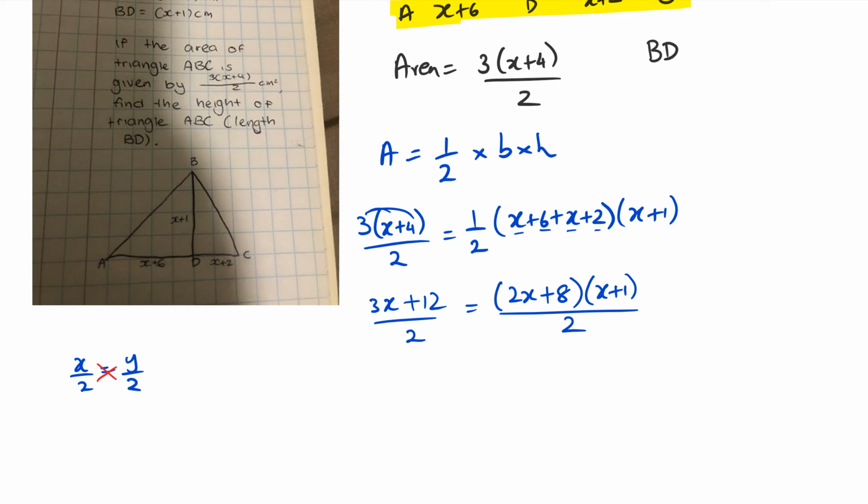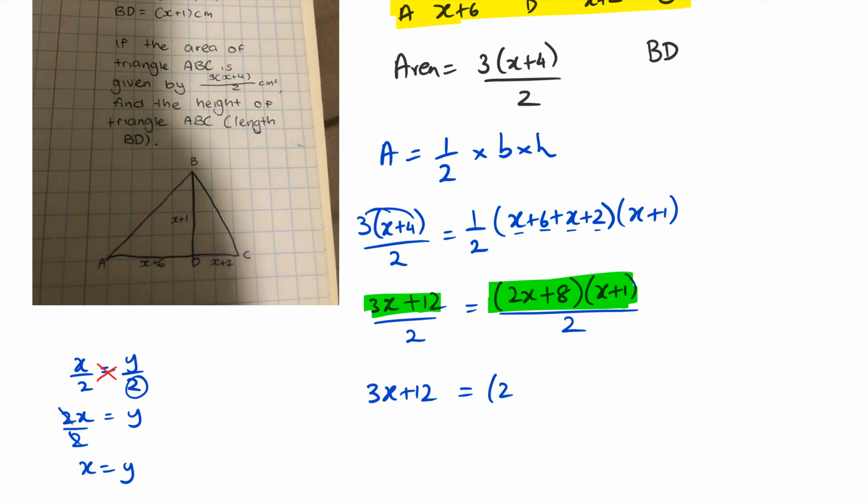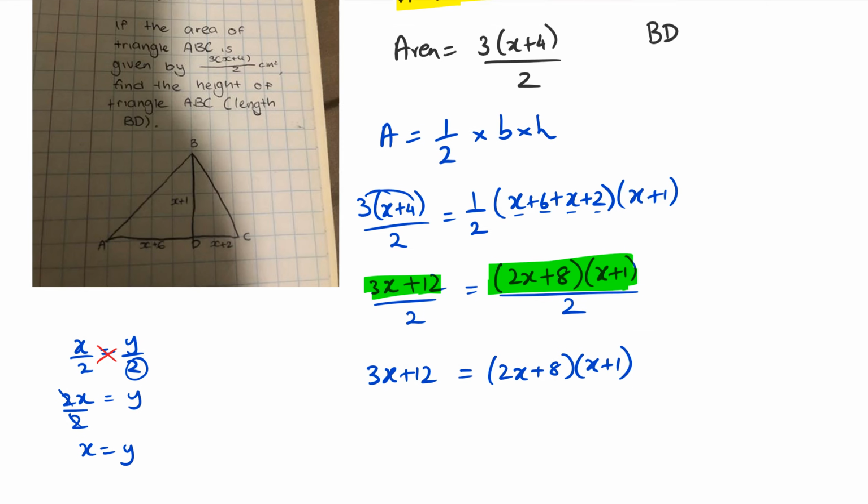But instead of doing both, I'll just do the 2 from here, which gives 2x over 2 equals y, and you can see the 2's cancel out and you just get x equals y. Because the denominators are the same, the numerators must be equal to each other. So I rewrite this as 3x plus 12 equals 2x plus 8 multiplied by x plus 1.